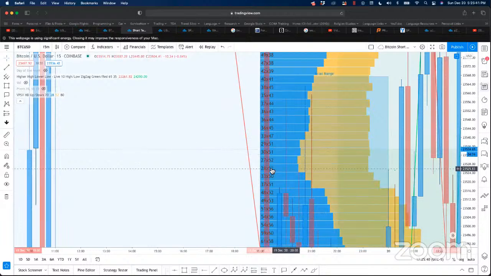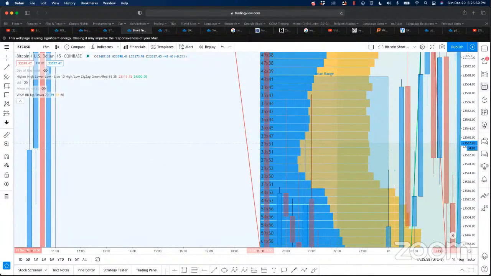So in this particular area, we had 2,800 for buys and 5,200 for sales.